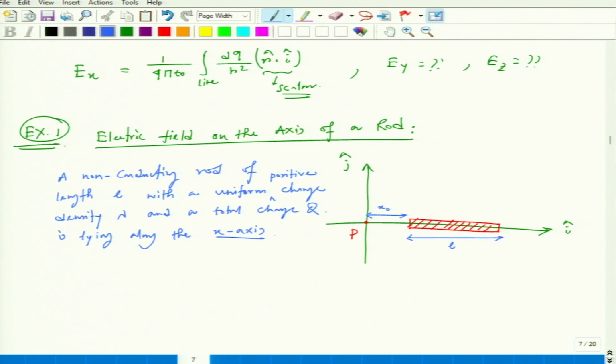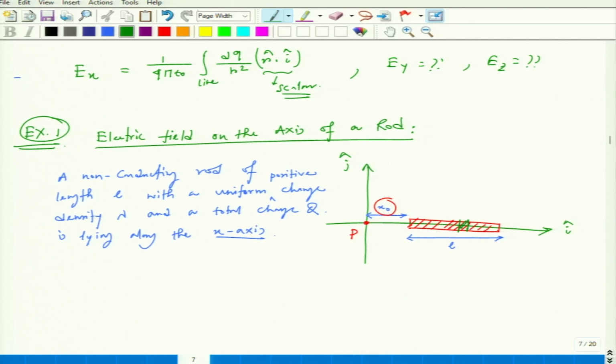In order to calculate the electric field at this point P, which is lying on the axis of the rod at x0 from the left end of the rod, we first calculate the electric field at point P due to a small element.